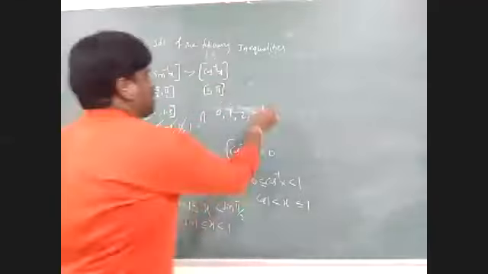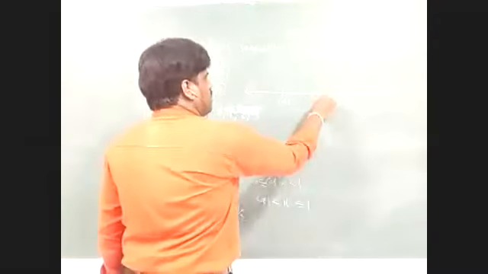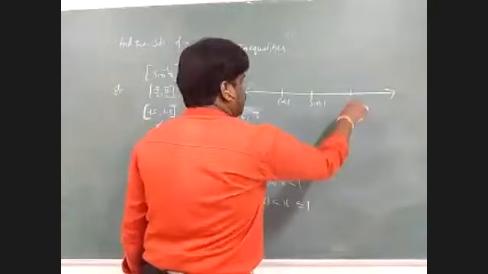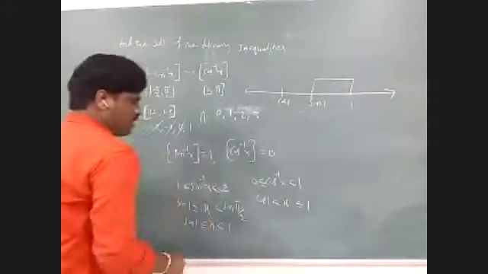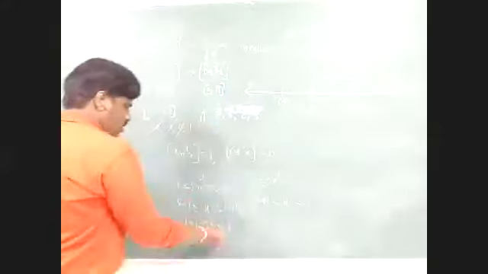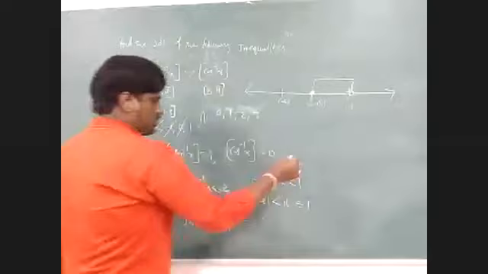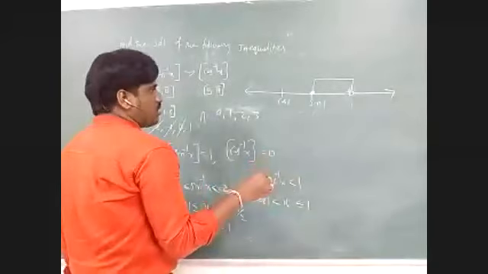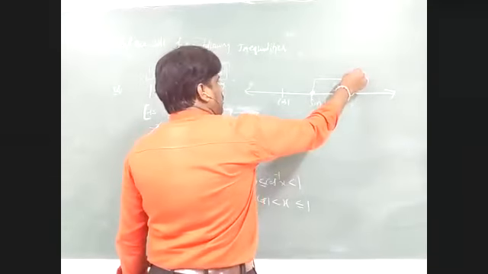On the number line, cos 1 will be first, then sin 1, then another point 1. The solution sin 1 to 1: sin 1 is included, 1 is closed, and it goes till cos 1.